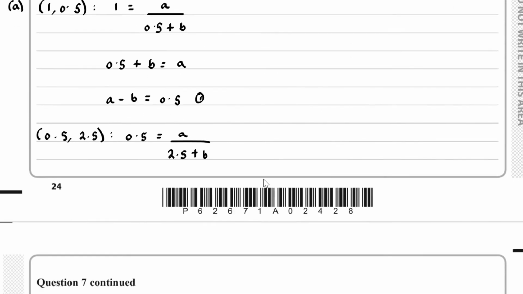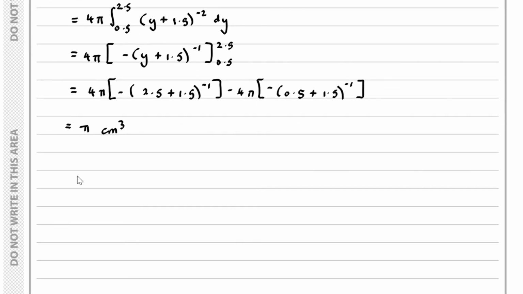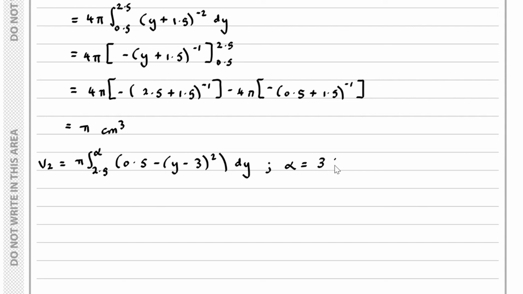So when we come to find out what the volume is when we rotate v2, we've got pi lots of the integral from 2.5 to, say, alpha of 0.5 minus y minus 3 all squared dy, where alpha is equal to 3 plus 1 over root 2.